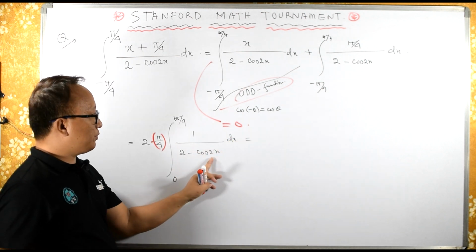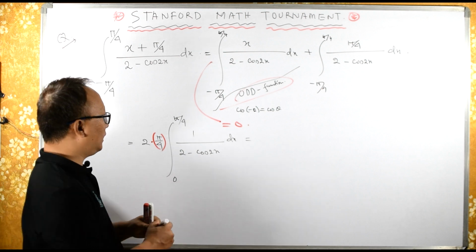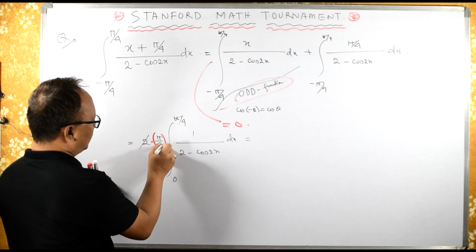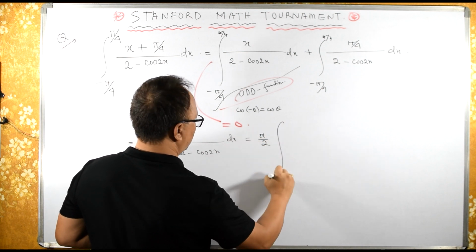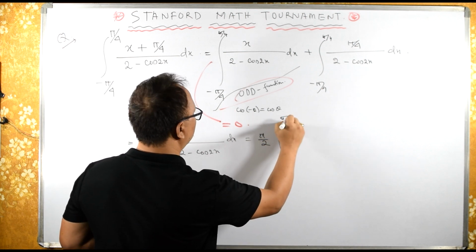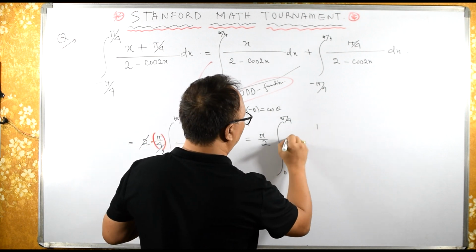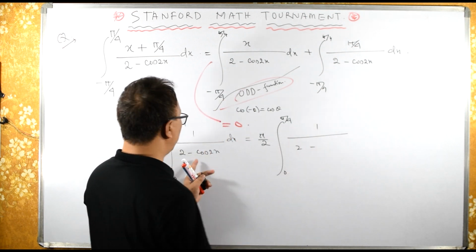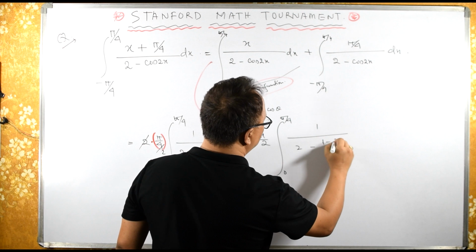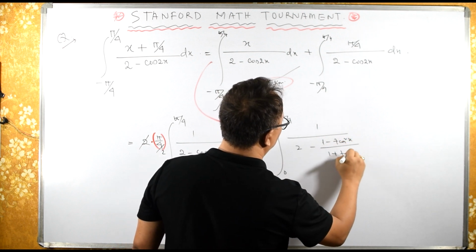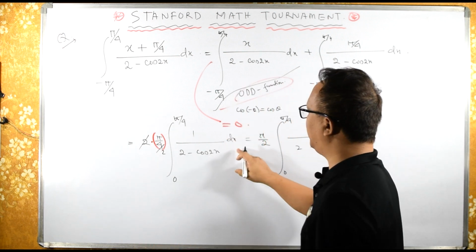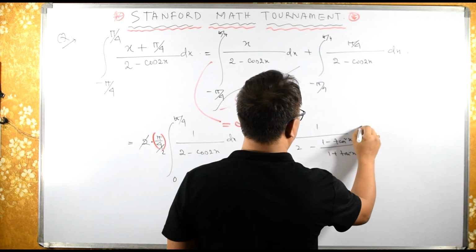Instead of cos 2x, we can substitute the tan formula. With this we can cancel 2, so here we have pi by 2, limit from 0 to pi by 4. So 1 upon 2 minus cos 2x is 1 minus tan square x upon 1 plus tan square x, and I will write dx over here.